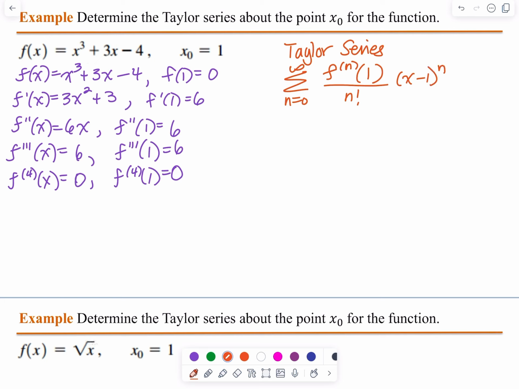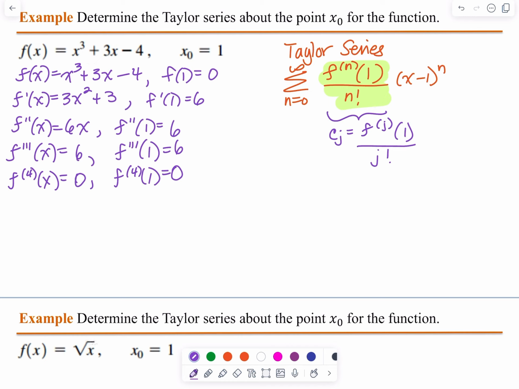That's what we want here. So we're going to go ahead and define this right here, and we're going to let that be c of j, and that's going to be the jth derivative evaluated at 1 divided by j factorial.